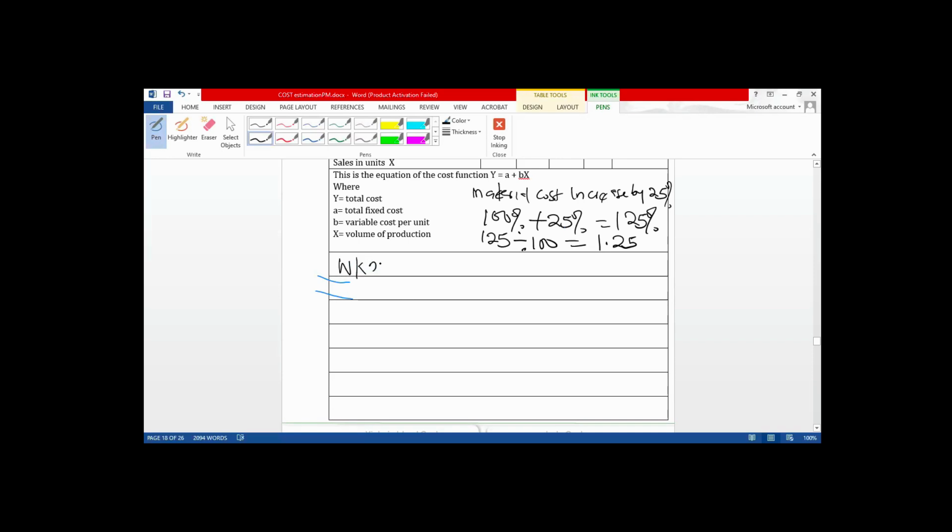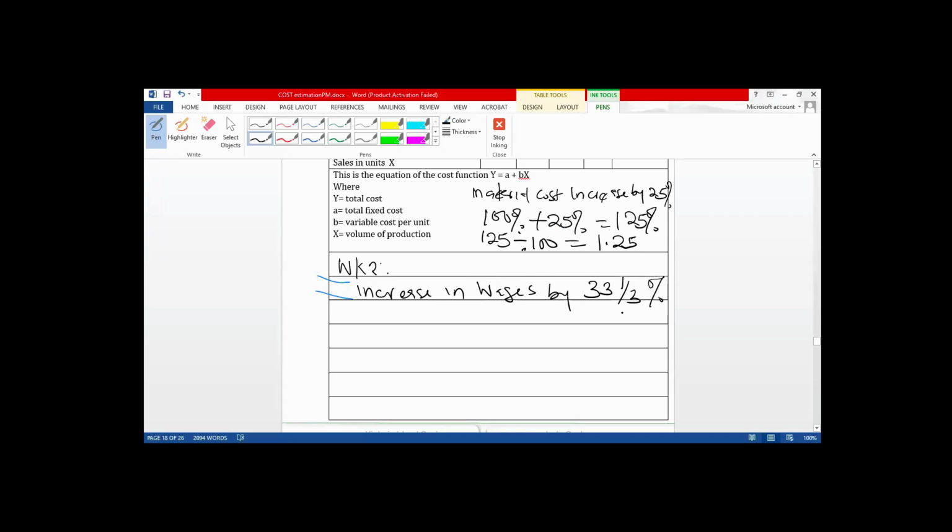Now let's look at that other one. The examiner says increase in wages by 33 1/3%. What you do is that this is a mixed fraction.